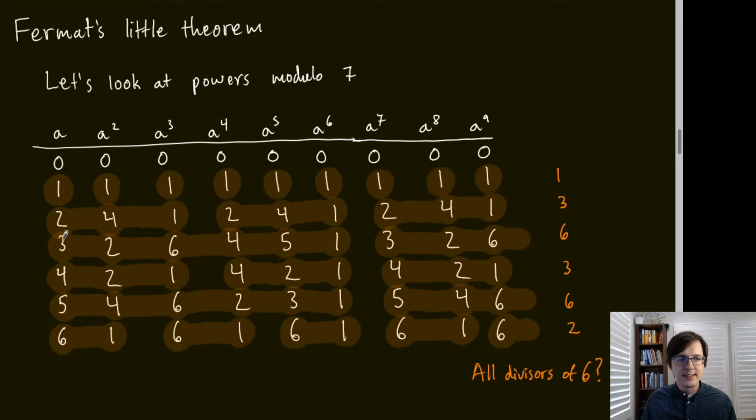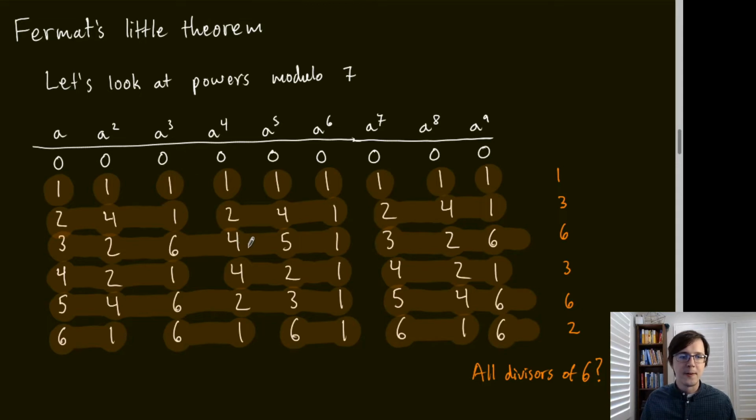Let's look at 3. So 3 times 3 is 9, which is 2 mod 7, times 3 is 6, times 3 is 4 mod 7. Oh yeah, one way to calculate that, by the way, if you don't like numbers bigger than 5: 6 is minus 1 mod 7, and if we take minus 1 times 3, that's minus 3 mod 7, and then if we add 7 to it, we get 4.